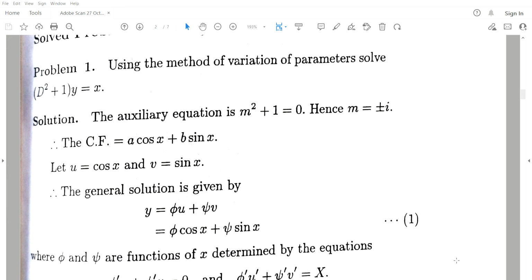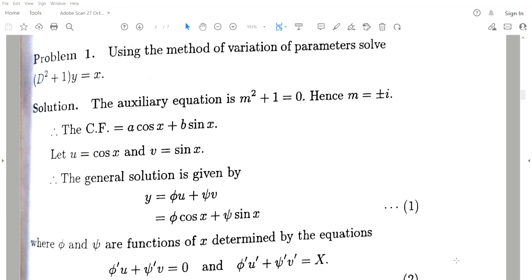The auxiliary equation is m square plus 1 is equal to 0. Therefore, m is equal to plus minus i.